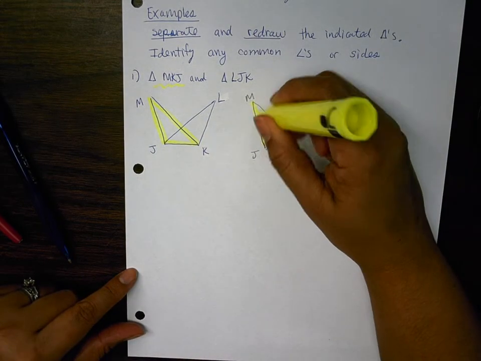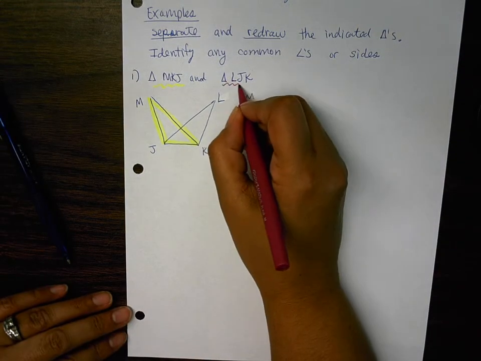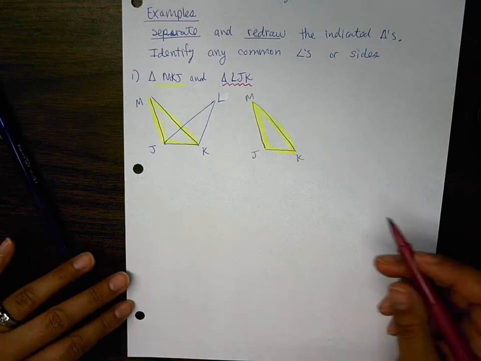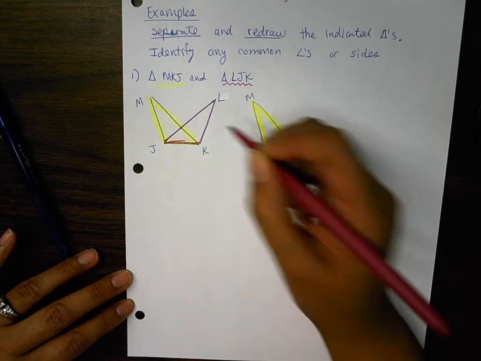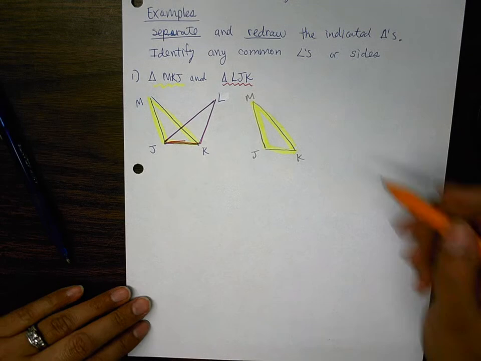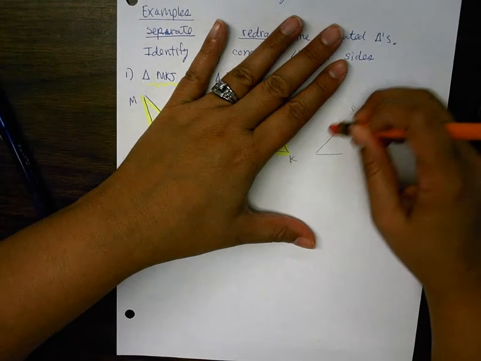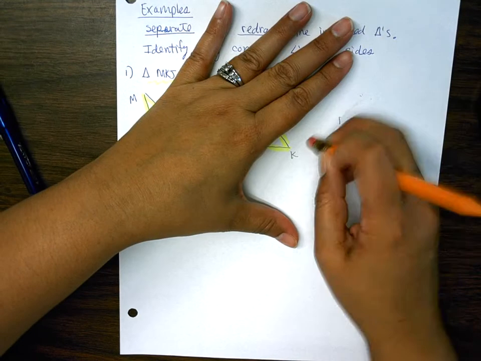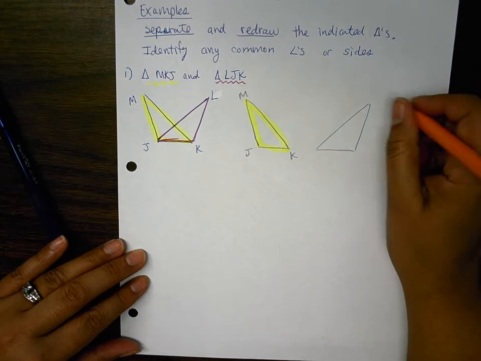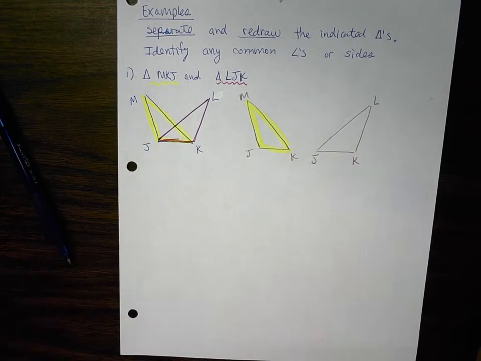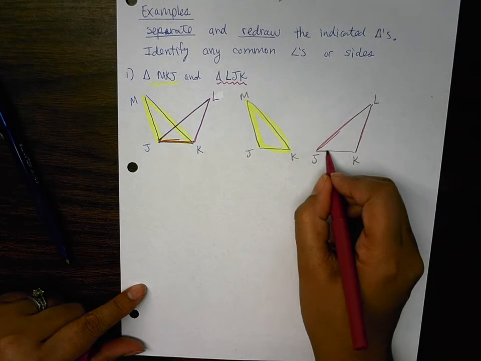M, J, K. Okay, the next one, I'm going to use my colored pen, and that is LJK. All right, so this is part of the process.